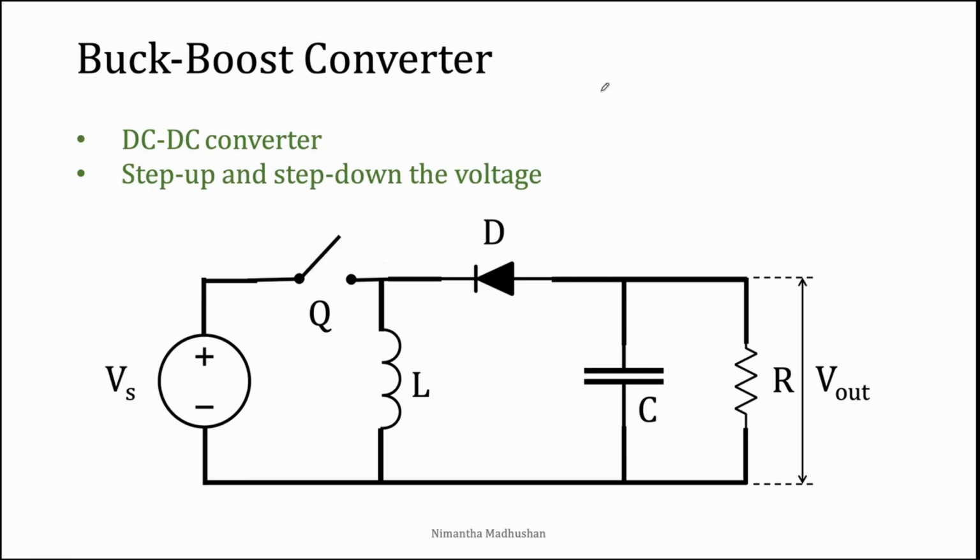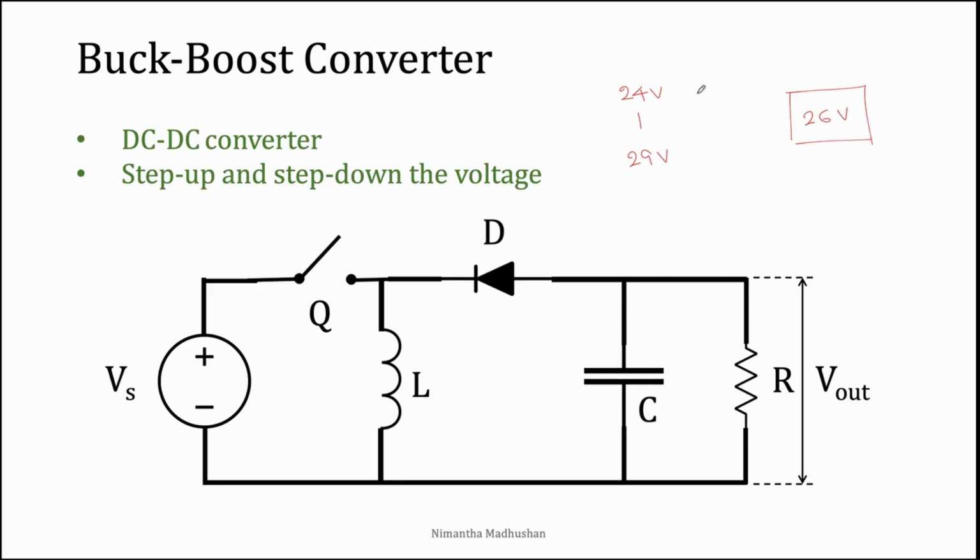Assume you have a variable power supply, it will change between 24 volt and 29 volt, and our application works at 26 volt. Then if the supply voltage is 24, we have to step up the voltage up to 26 volt.